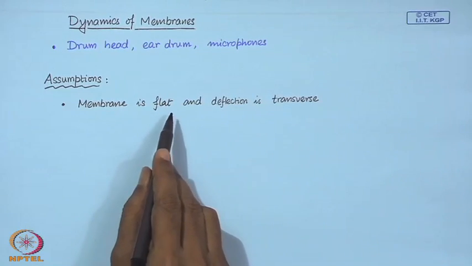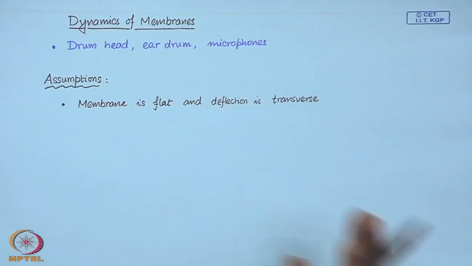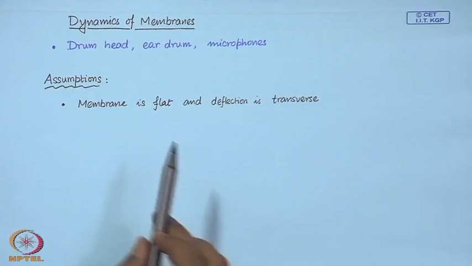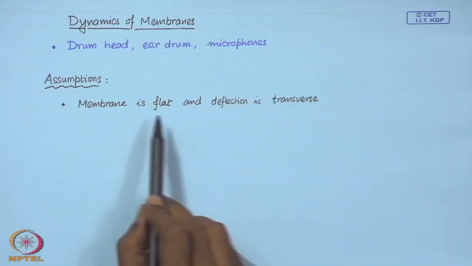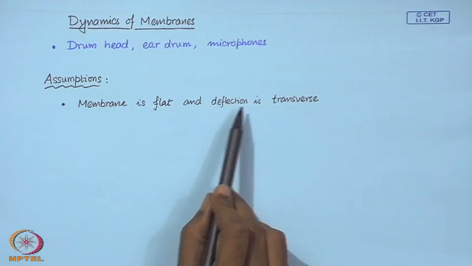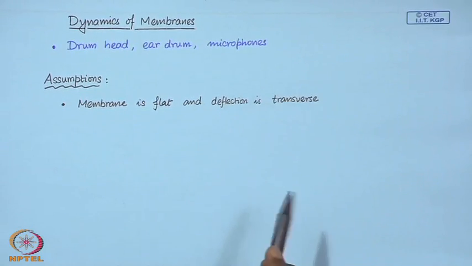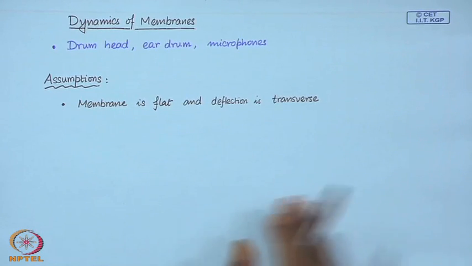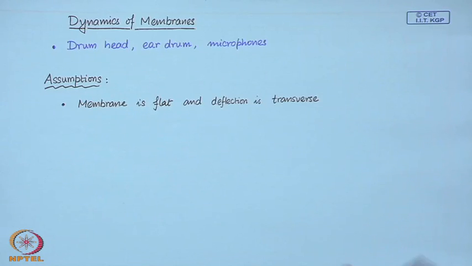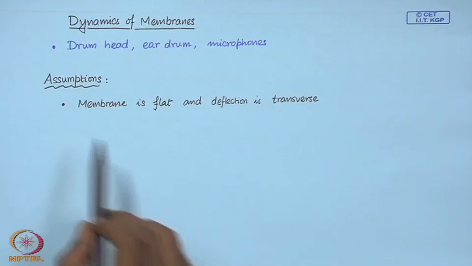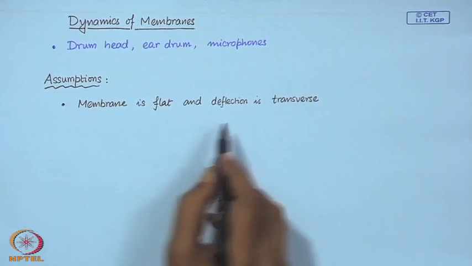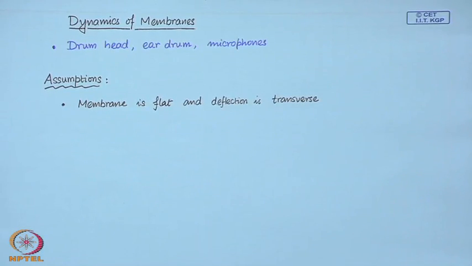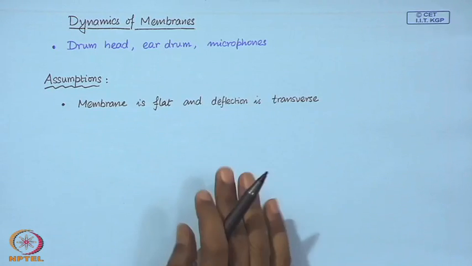So, when you have, let us say, an inflated membrane, a balloon, in that case the dynamics is more complicated, because the deflection can no longer be considered to be just transverse. There is a coupling between the transverse and the in-plane modes. So, we are going to make the assumption that the membrane we analyze is flat, so that we have to consider only the transverse deflection of the membrane.